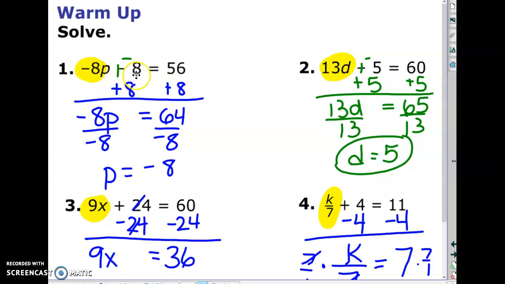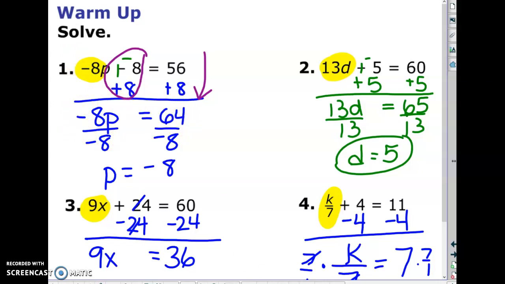First of all, we want you to change it to adding the opposite, so adding a -8. Getting rid of this -8 means we're going to add a +8 onto both sides. Remember, we're always going to add down as we are working on the problem. So right here, -8 and a +8 is 0. So all we have left is -8p is the same as 64.